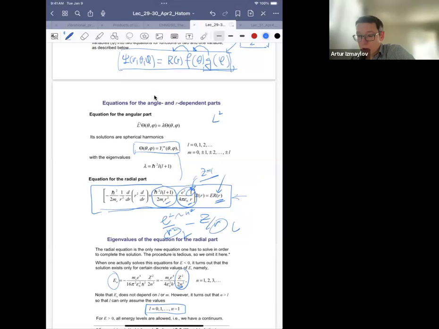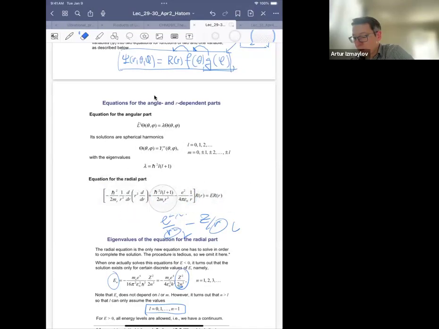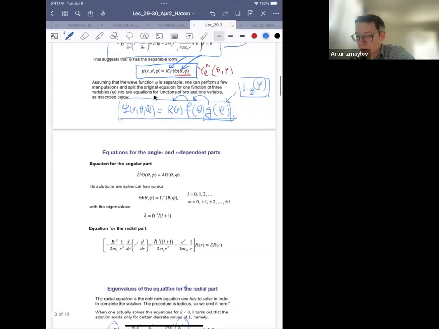All right, so we already talked that L square, we know it's a spherical harmonics. We did them last time. And now we just have them. So what we'll do is we present the total wave function as a product of a new function, big R of small r.